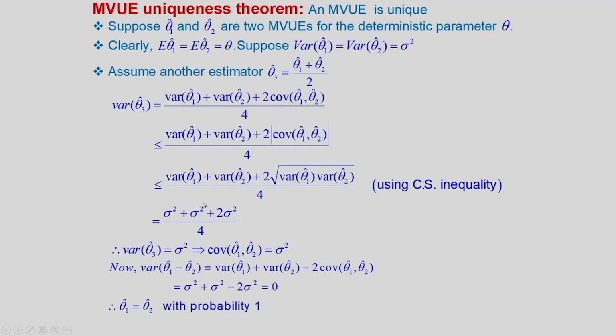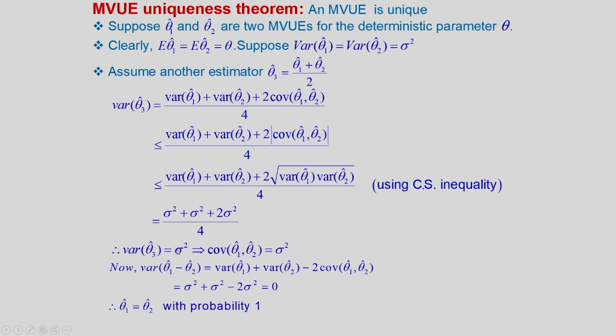This expression is now equal to sigma square plus sigma square plus 2 sigma square divided by 4, which is equal to sigma square. Therefore, what we have established is that variance of theta 3 hat is less than or equal to sigma square, but it cannot be less than sigma square because the minimum variance is sigma square. Therefore, variance of theta 3 hat is also equal to sigma square.